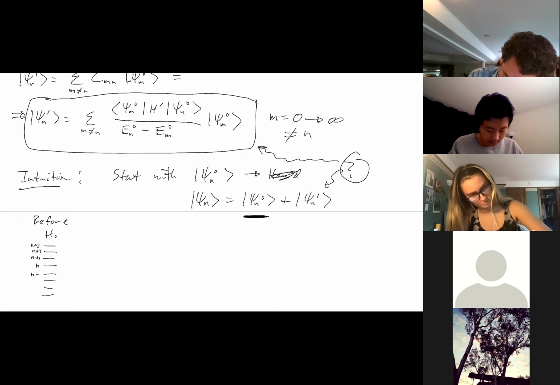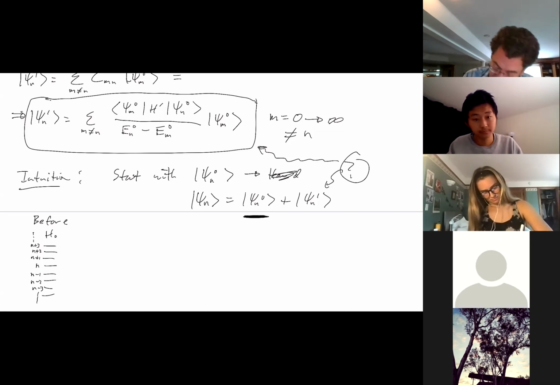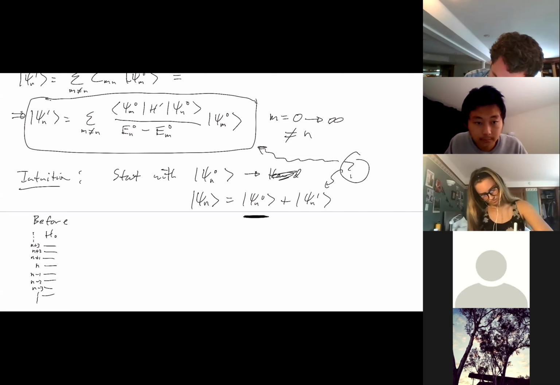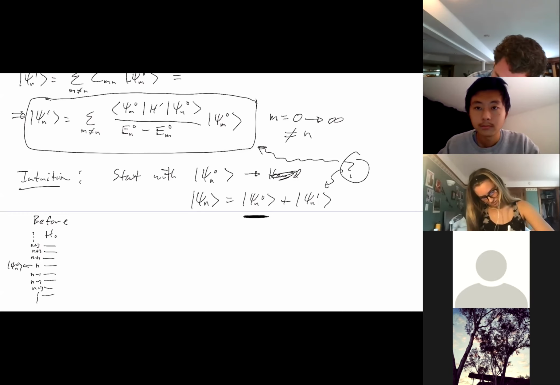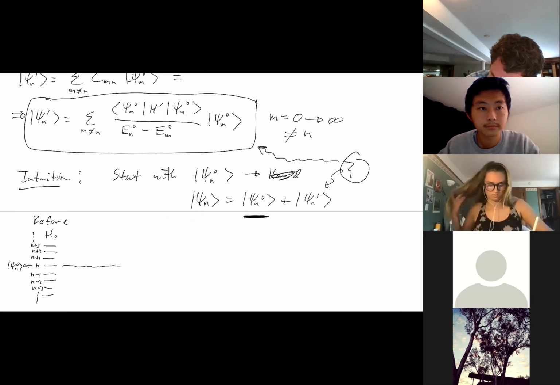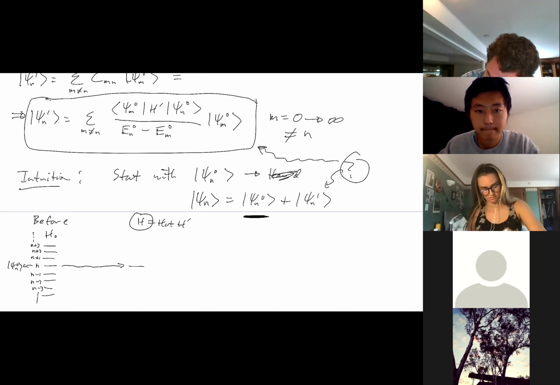This is the n minus 1, n minus 2, n minus 3. These are all my eigenstates of h naught, and this one corresponds to psi n naught. Now this state morphs into a new state, which is the eigenstate of the Hamiltonian h, equal to h naught plus h prime.